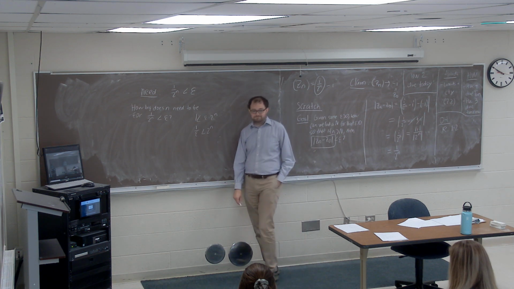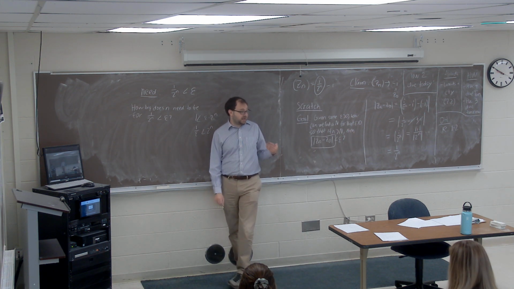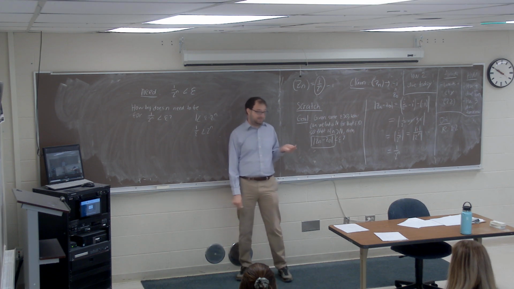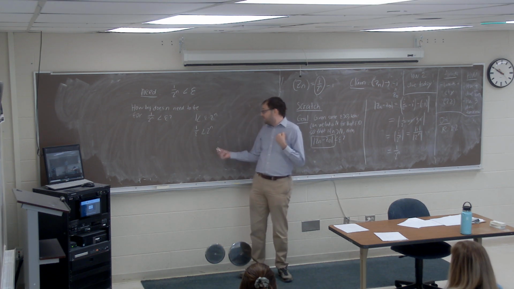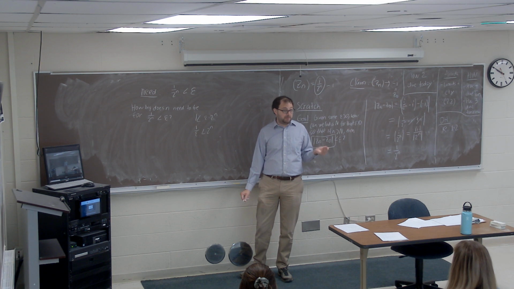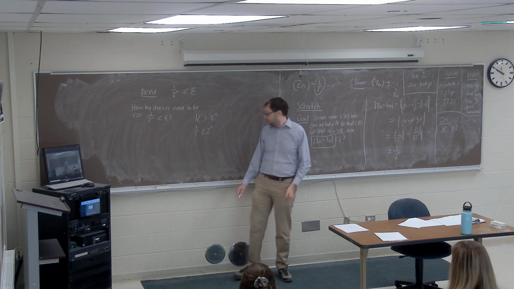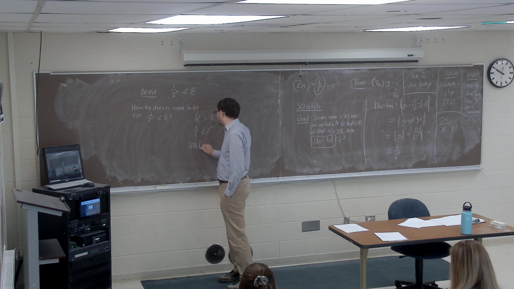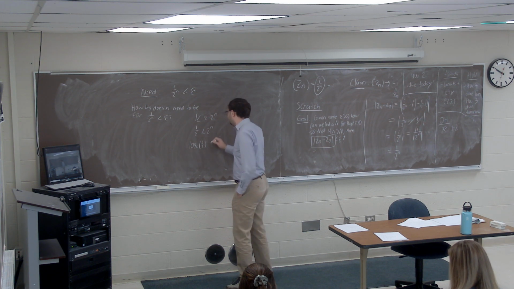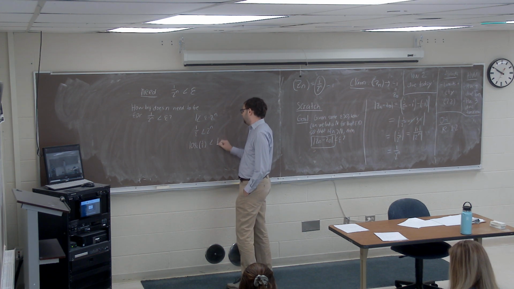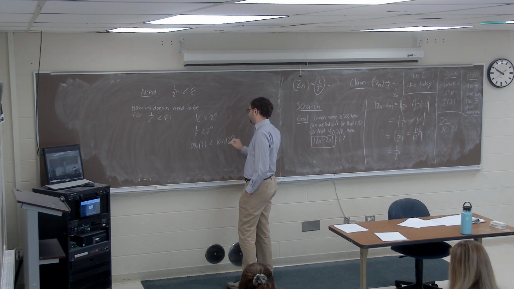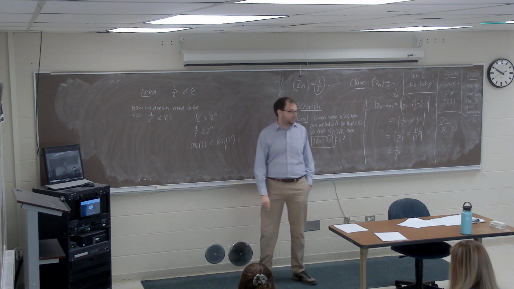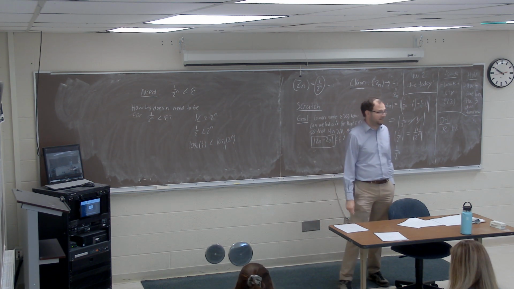I think so. And here we're just talking about the standard logarithm you've seen before. 1 over epsilon and 2 to the n are both just going to be positive real numbers. So that's going to tell us that log base 2 of 1 over epsilon is going to have to be less than log base 2 of 2 to the n. But Caleb, what's log base 2 of 2 to the n going to be? n.